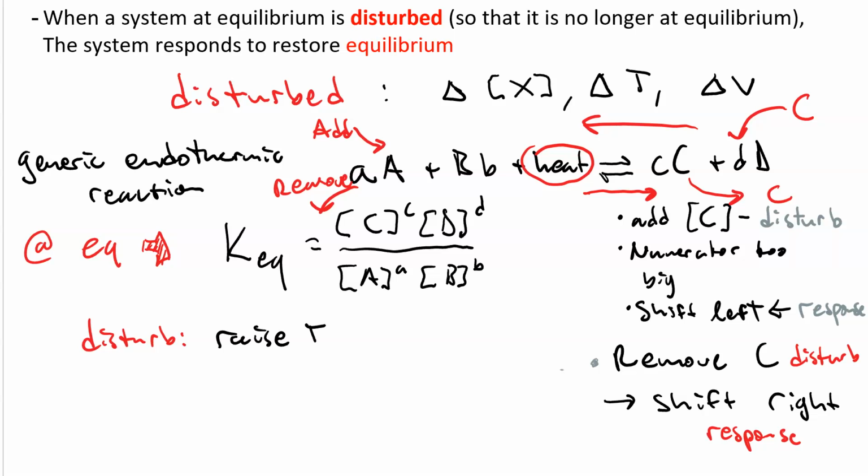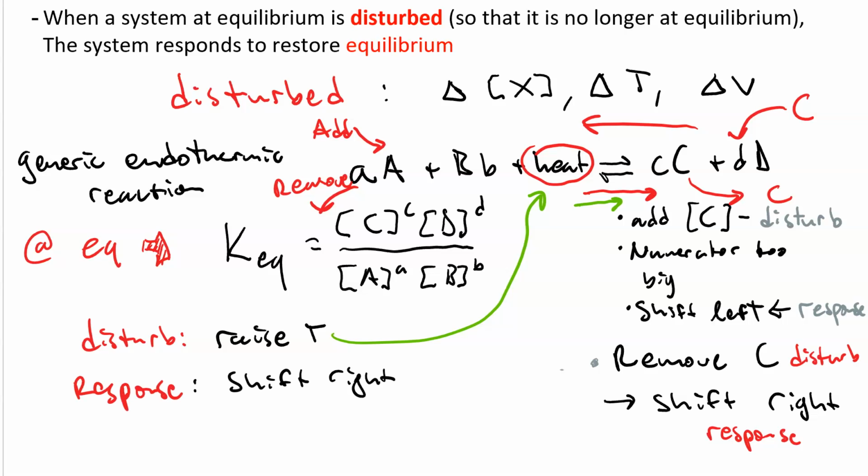In the push-pull model, raising temperature is like adding heat, which pushes the reaction to the right. So the response is to shift right. What does that mean in terms of concentrations? That means the concentrations of reactants go down, right? So A and B go down. At the same time, the concentrations of products, C and D, go up.